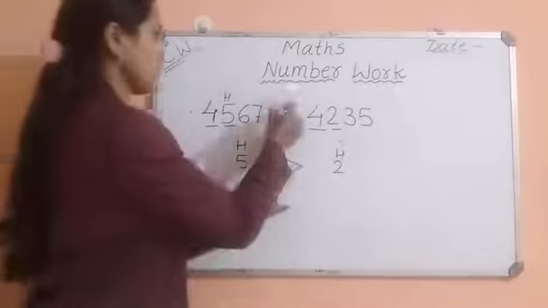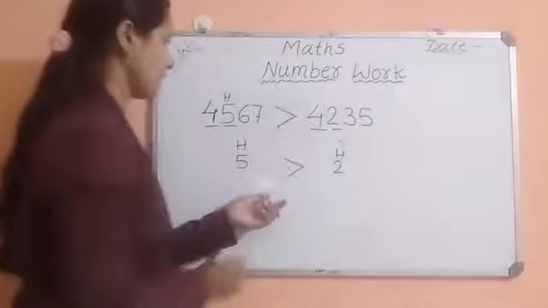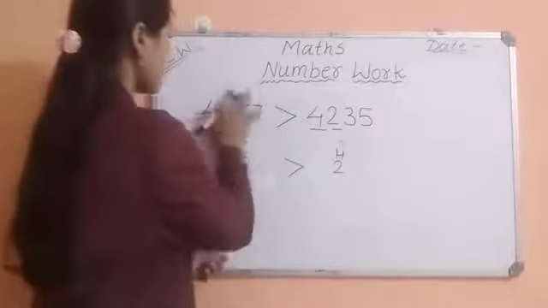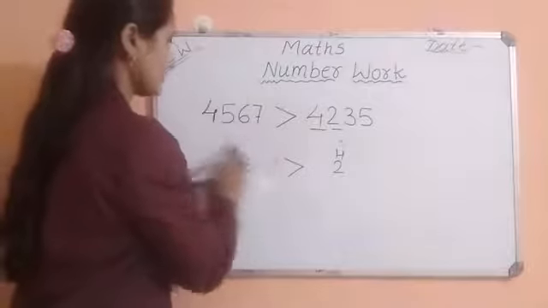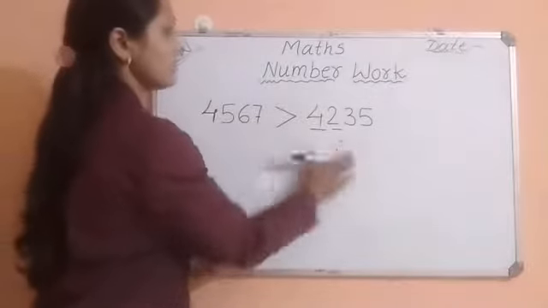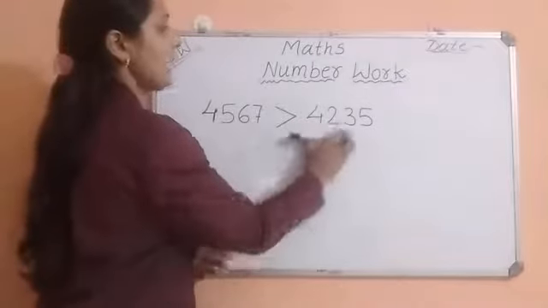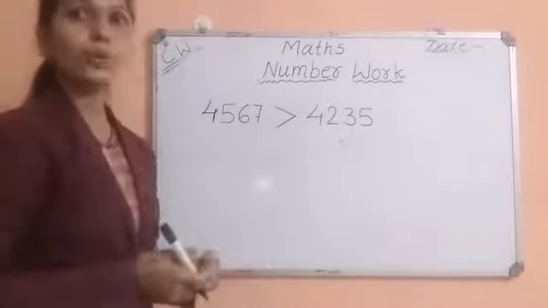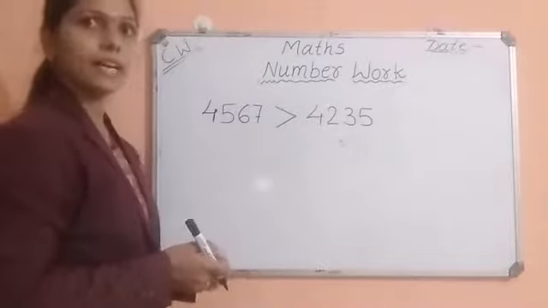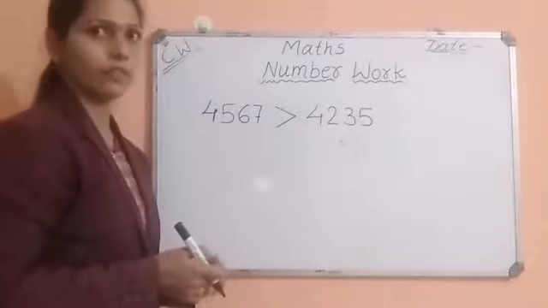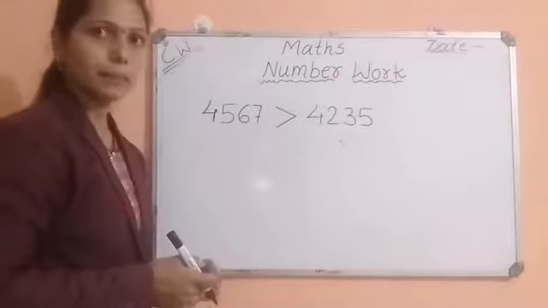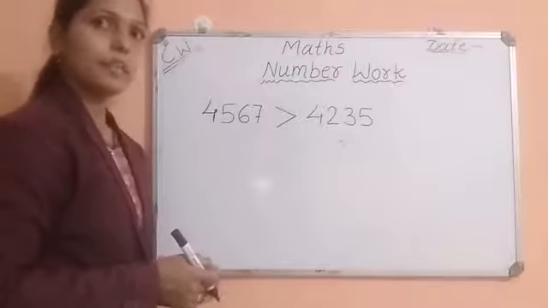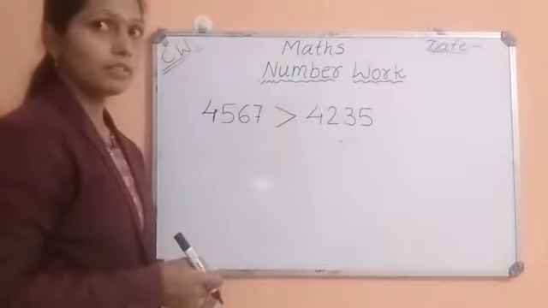So here we can put the symbol like this, 4567 is greater than 4235. Okay, like this we can solve examples of comparison of the given numbers.